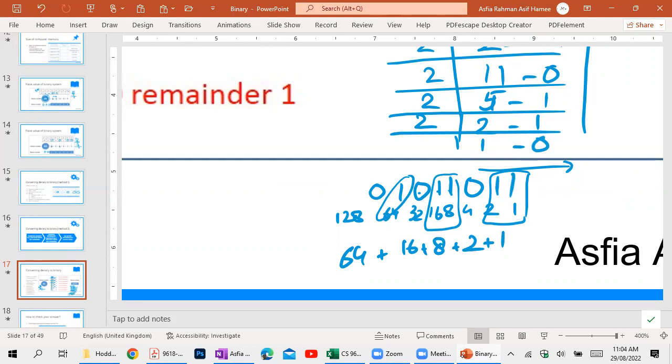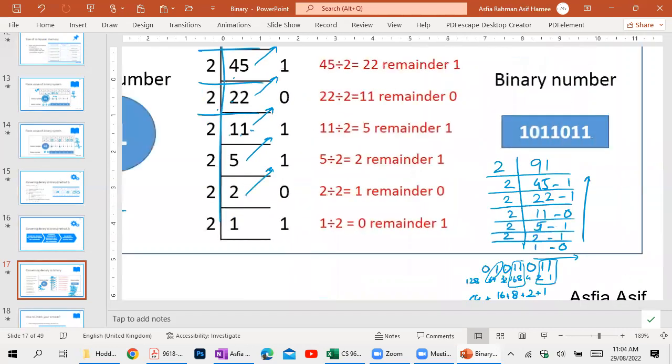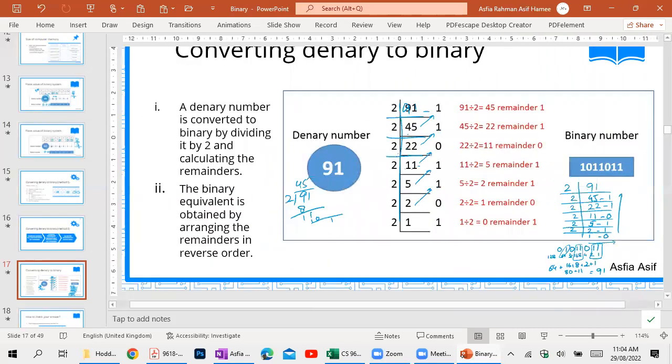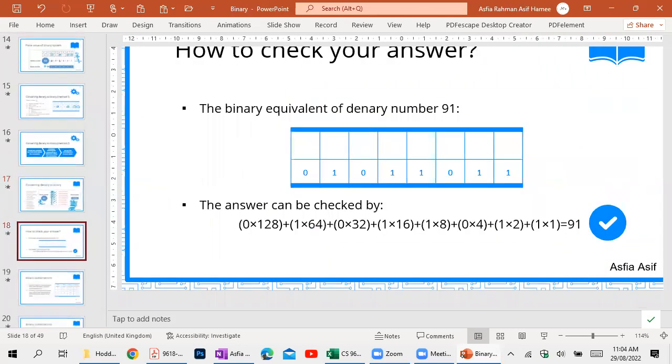Hopefully we have it. This is 80 and this is 11, which we have as 91. Whenever you do any kind of conversion, always convert it back and check if you have the correct answer. Okay, the answer can be checked.